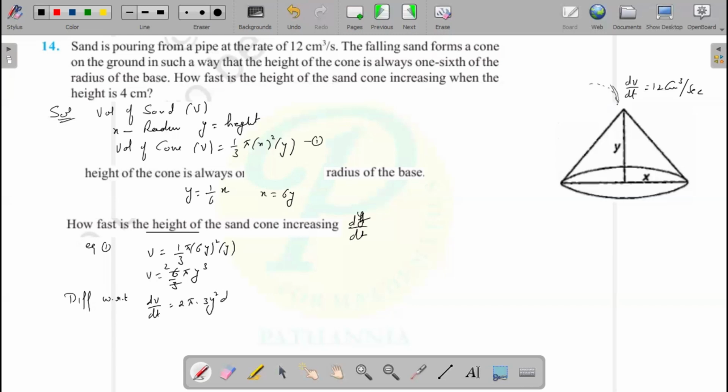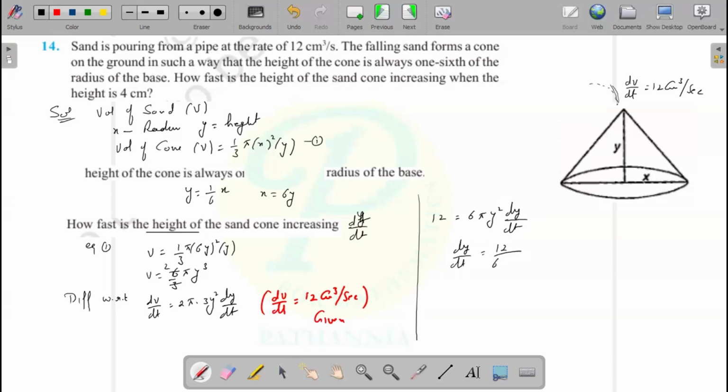Three y square dy upon dt, whereas आप उसे मेंशन करके दीजिए कि dv अपॉन dt आपको ऑलरेडी गिवन है 12 सेंटीमीटर क्यूब पर सेकंड, जो है ये आपके पास ऑलरेडी एक गिवन वैल्यू है। सो dv अपॉन dt 12, 6 pi y square dy upon dt, and he asks you dy upon dt which is 12 upon 6 pi y square.